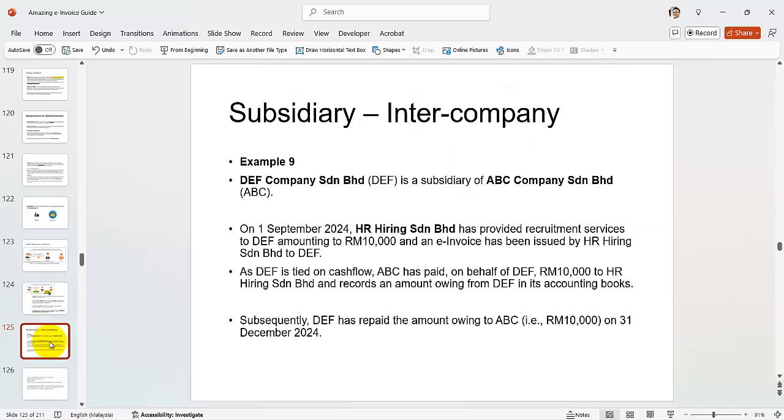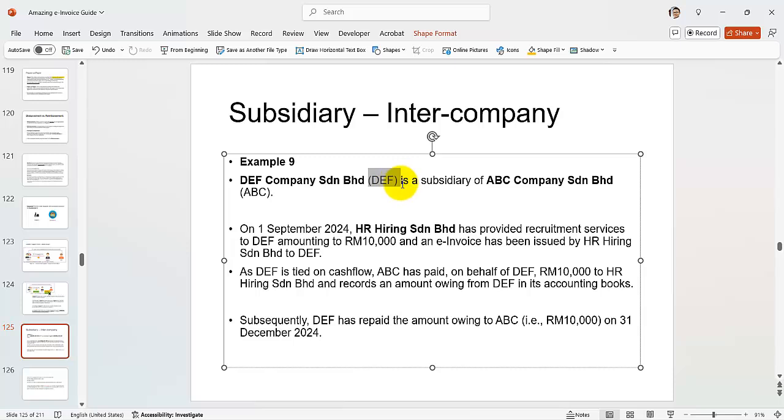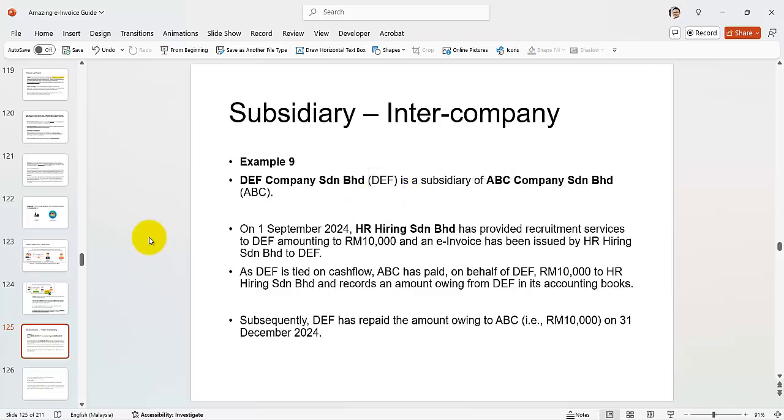That's what happens. Another example would be this here, a DEF company, which is a subsidiary of ABC. I guess that's it. I think I explained reimbursement and disbursement pretty well for the very first time. Thank you very much.